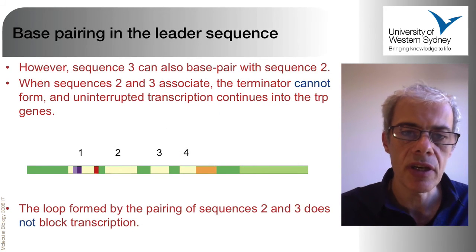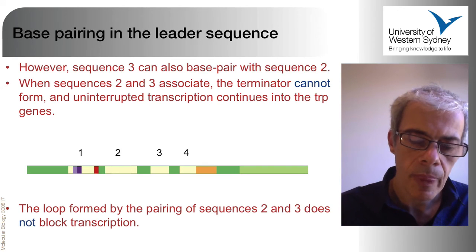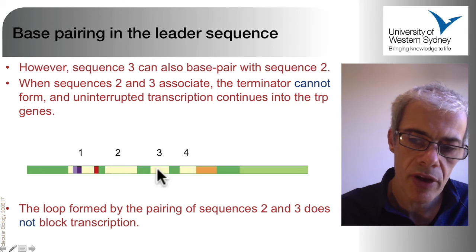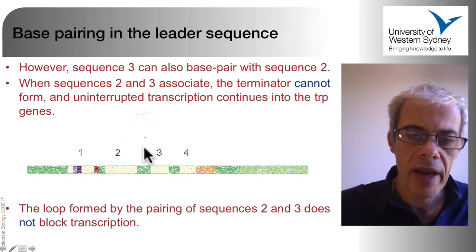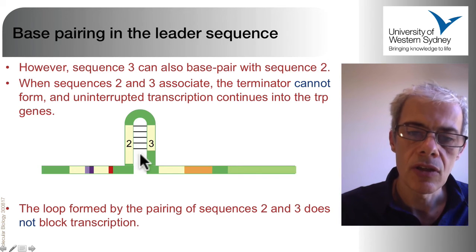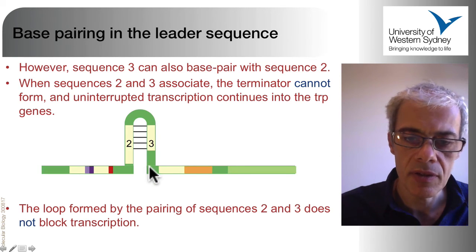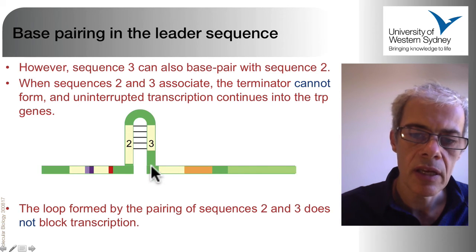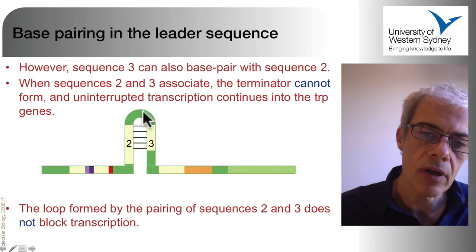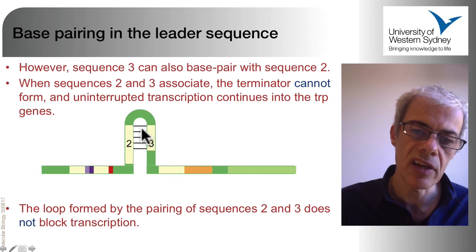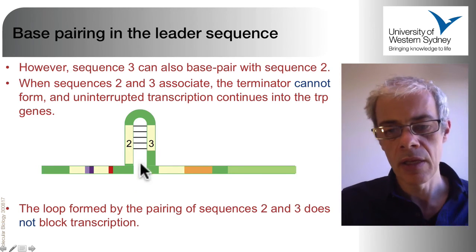Now, the other structure that can form is a hairpin between regions 2 and 3. The formation of this hairpin doesn't act as a terminator, because there are no uracil residues directly here, so it doesn't fit our understanding of what a terminator is.